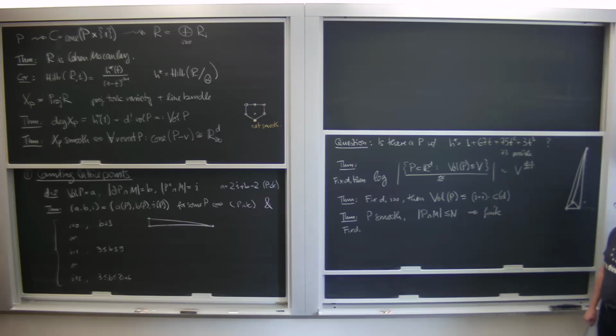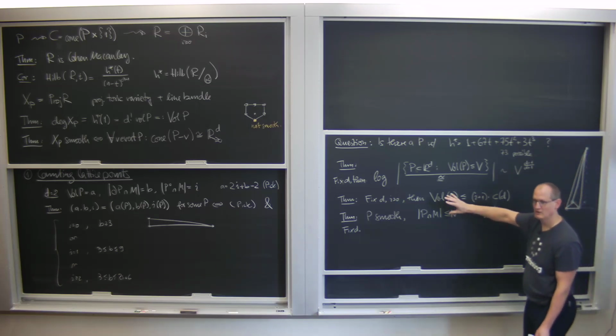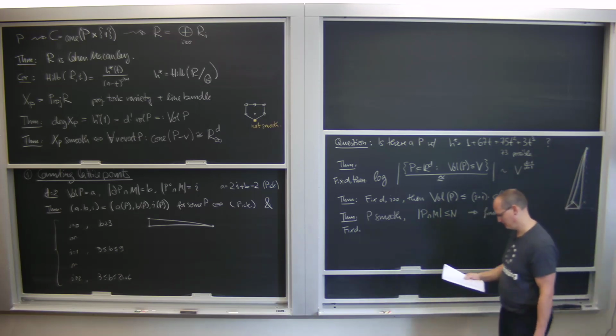It contains how many lattice points? 4. No matter how high I lift this, the height of this point is essentially the volume. So these are all different, but they all have the same number of lattice points. Without the smoothness, it's horribly wrong. This smoothness assumption.